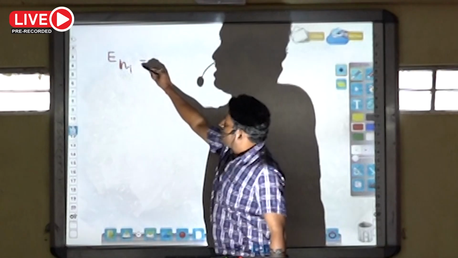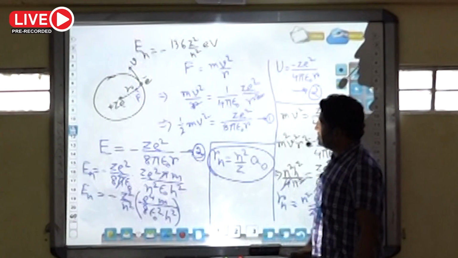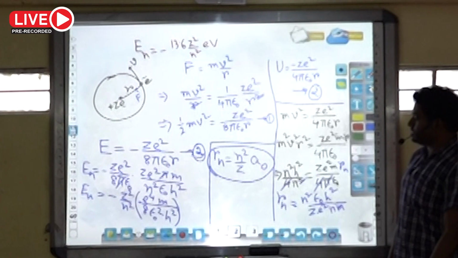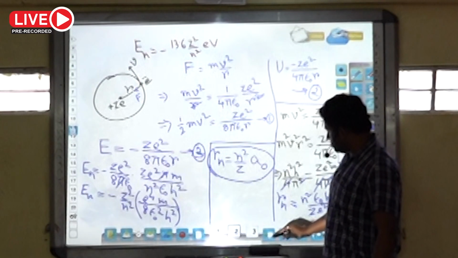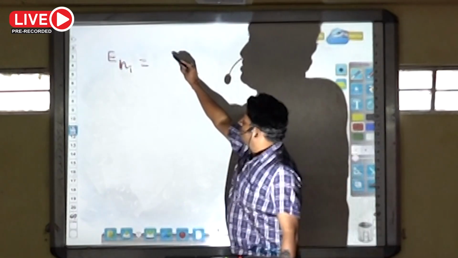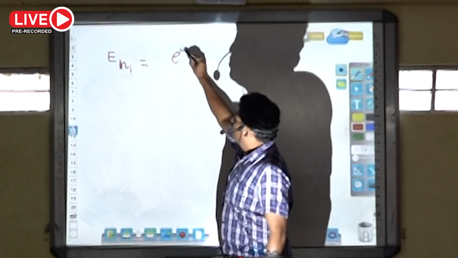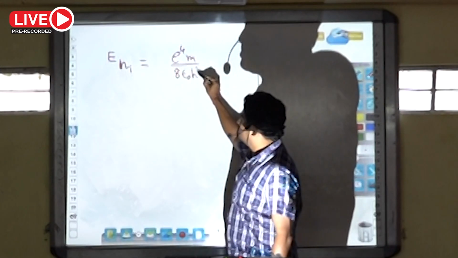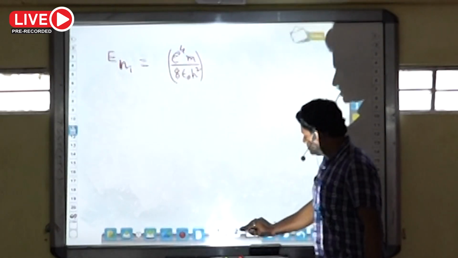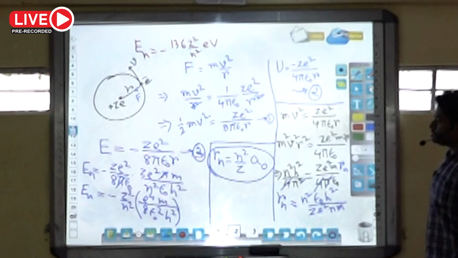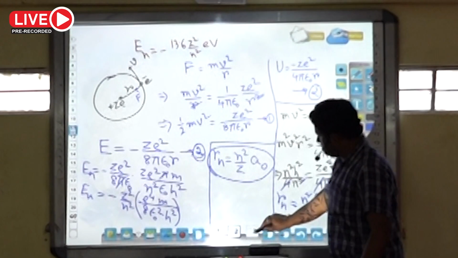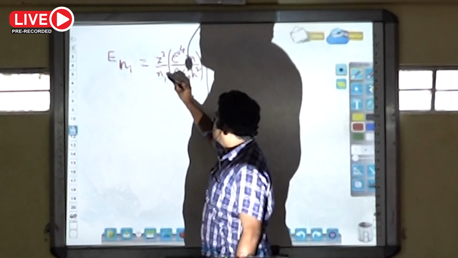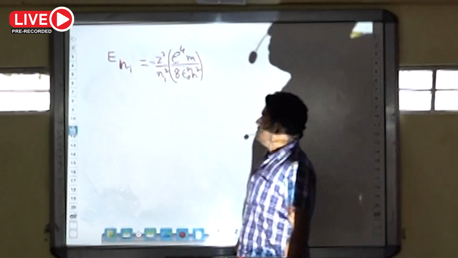Then this expression will become, from this you can write Z square e to the power 4 m by 8 epsilon naught square h square, multiplied by 1 by Ni square, accordingly I will write with the minus sign. Okay.